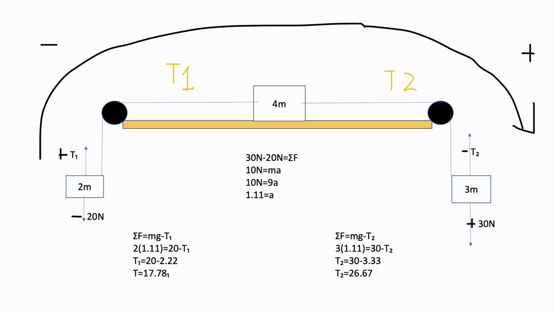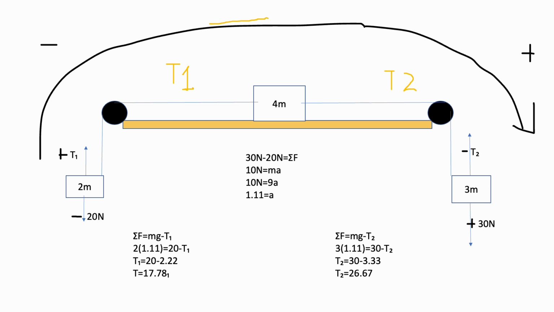To find the acceleration, we set up the system and set the masses equal to their mg values. So that's 30 and 20, and 30 is going positive, 20 is going negative.